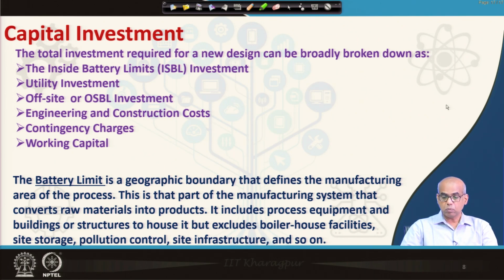It includes process equipment as well as the building or structure that houses this process equipment, but it excludes boiler house facilities, site storage, pollution control, site infrastructure, wastewater treatment, etc.